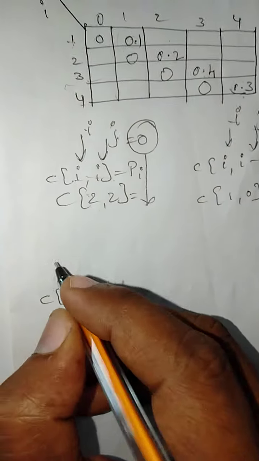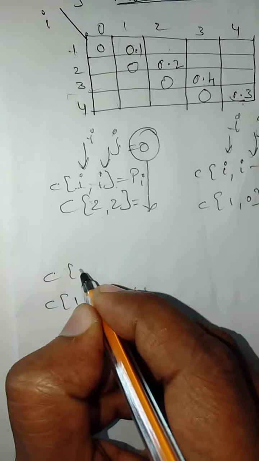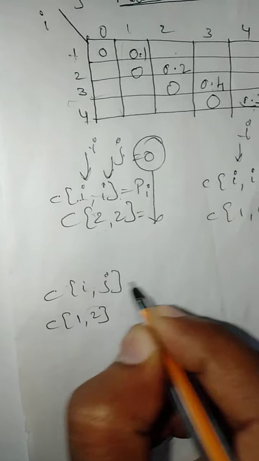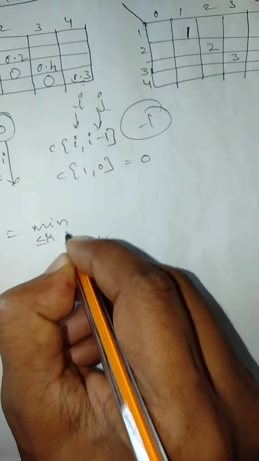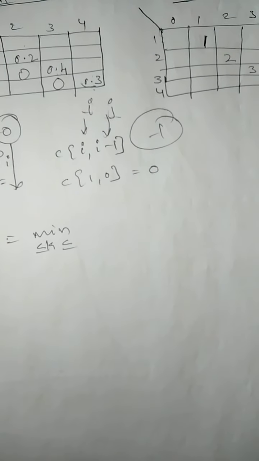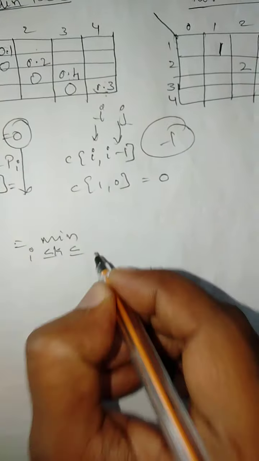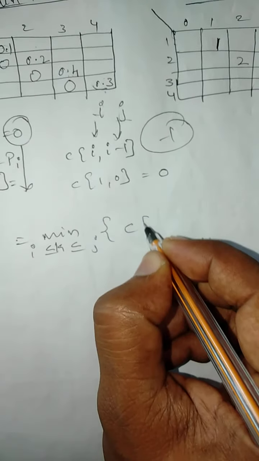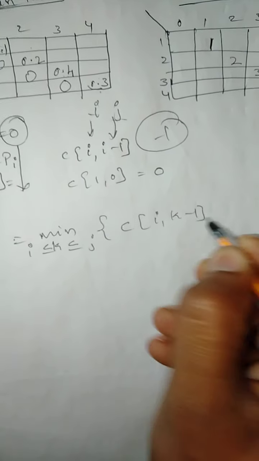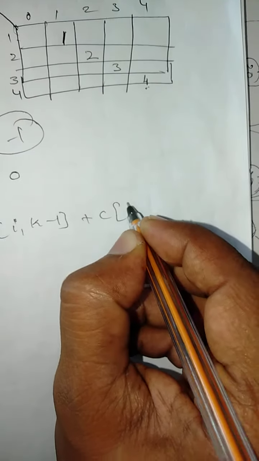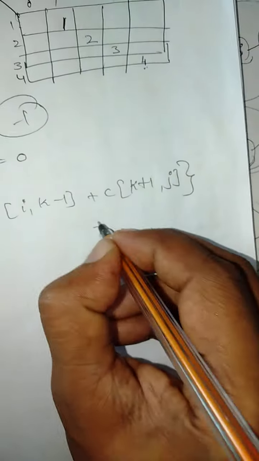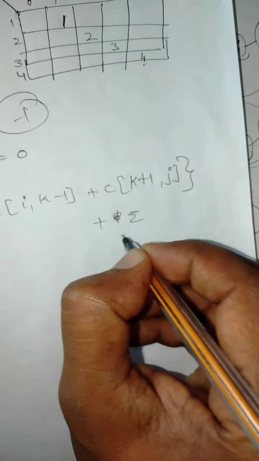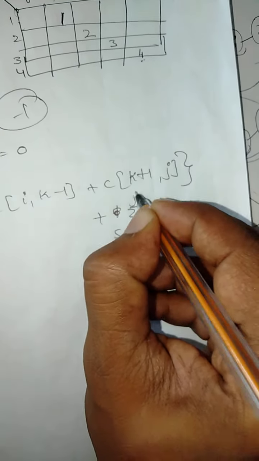So I will just recollect the formula here. C of i comma j is equal to the minimum over k between i and j of C of i comma k minus 1 plus C of k plus 1 comma j plus the summation of all the probabilities from i to j.